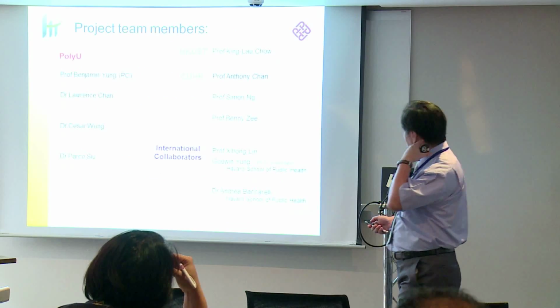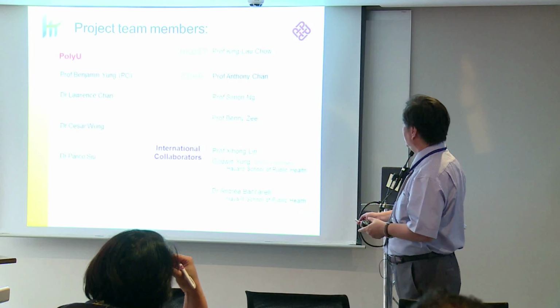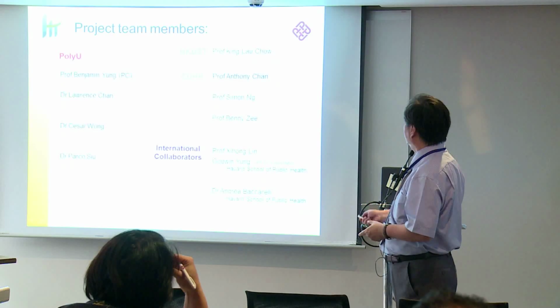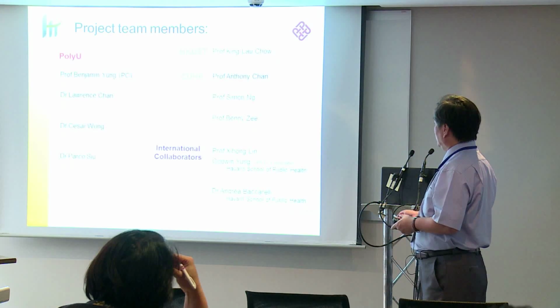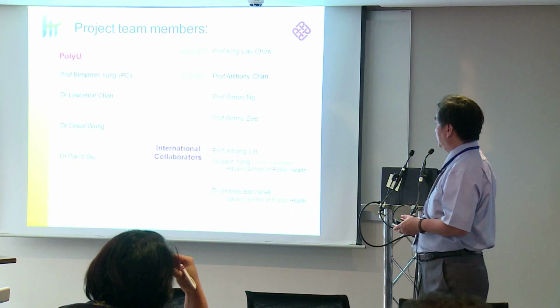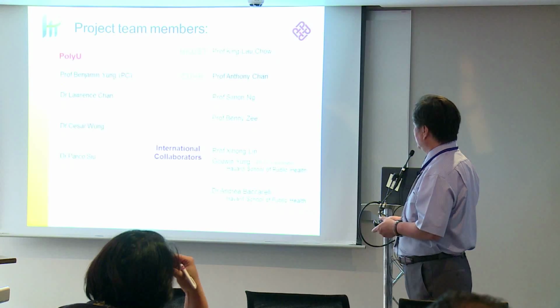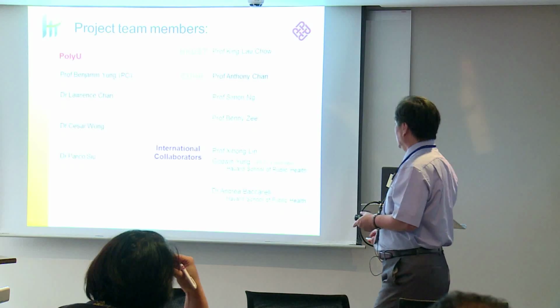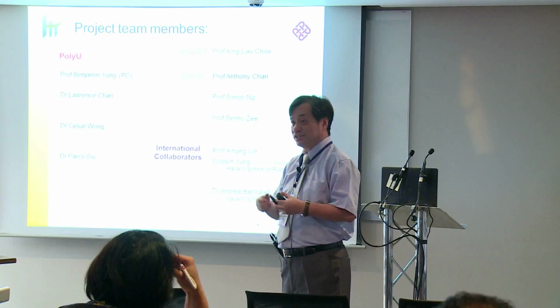The project team members from PolyU, as I said, are from physiology and clinical genomics, and we also have members from other universities in Hong Kong. We very much appreciate the international collaboration from Harvard, Professor Chi Hong Lin and her students, who helped us with a lot of the biostatistic analysis.